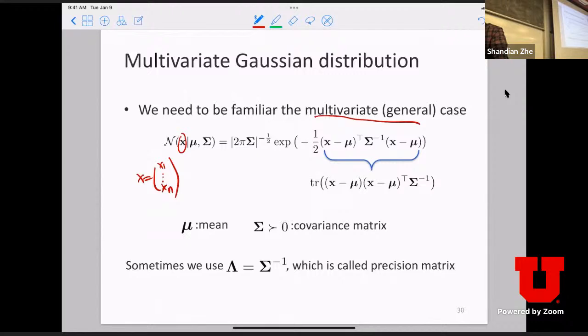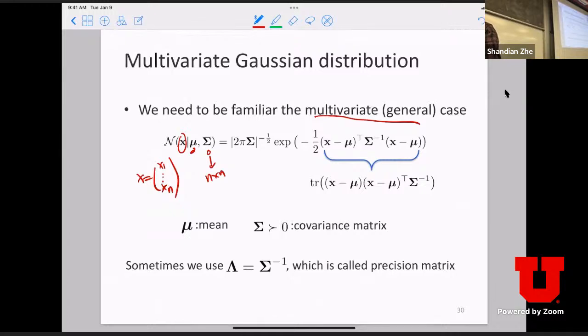If they jointly follow a multivariate Gaussian distribution, then the density is determined by the mean vector mu and the covariance matrix. If x is n-dimensional, then the covariance matrix will be n by n. Again, be sure that you are clear about the matrix sizes and vector sizes when you talk about vectors.